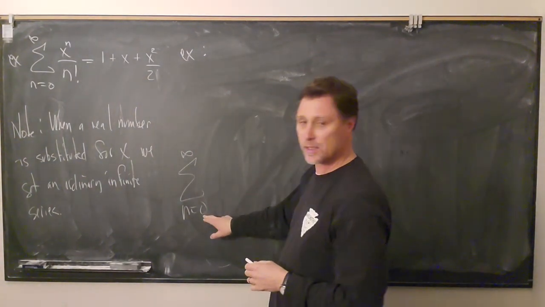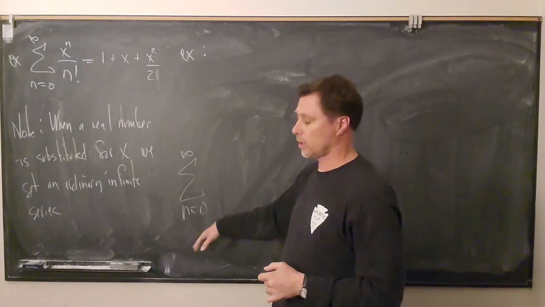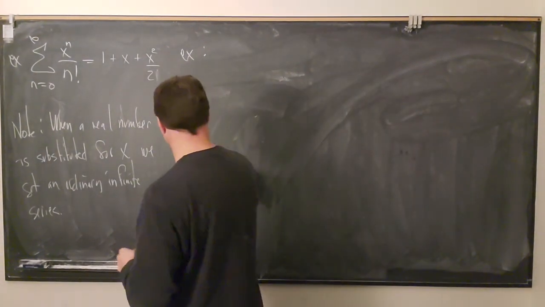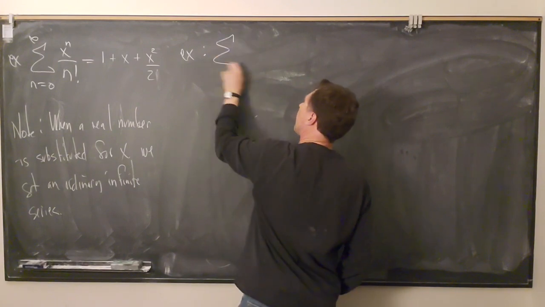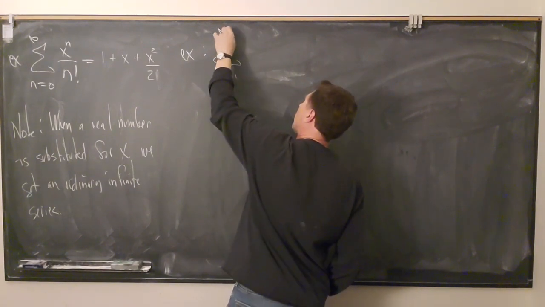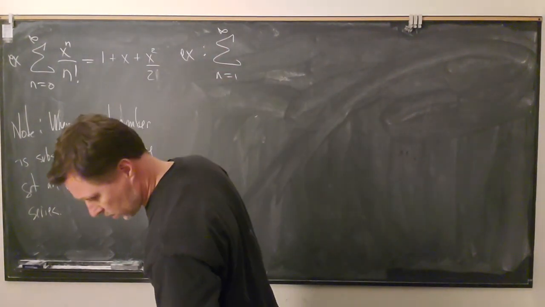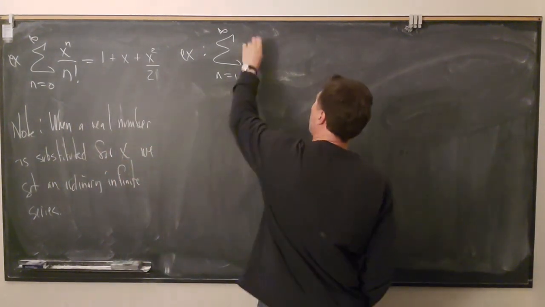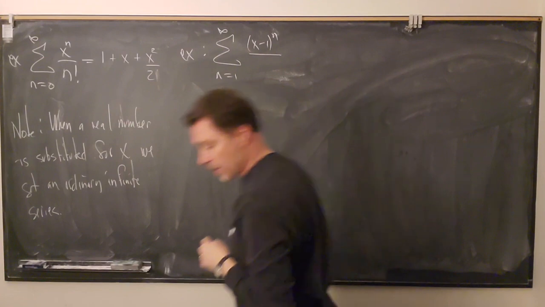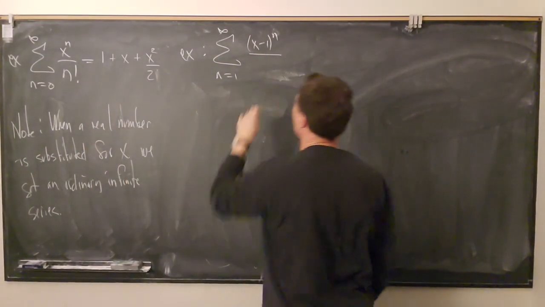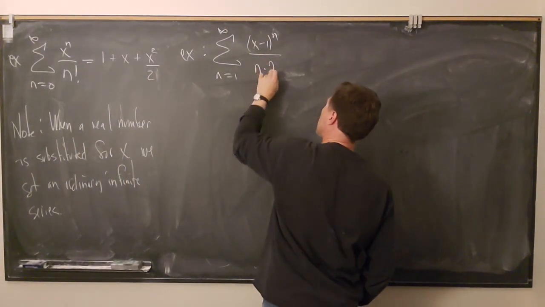It is not necessary to start at n equals 0. You can start at any n equals k, and it's still a power series. So in this example right here, we'll have sum n equals 1 to infinity x minus 1 to the n, divided by n times 2 to the n.